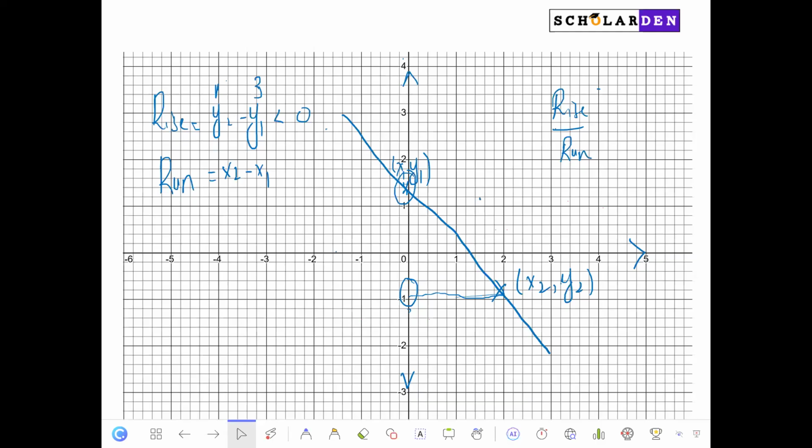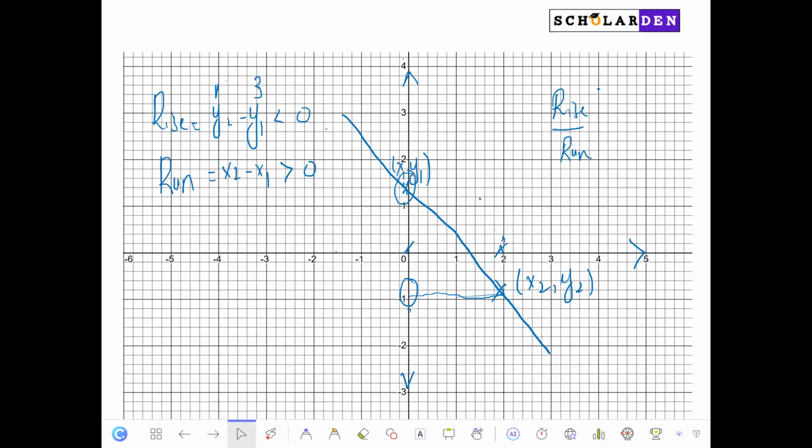Okay, the run is over here. If you look at it, x1 is less, x2 is more, because this is the increasing side of the x-axis. So the run is going to be greater than 0.